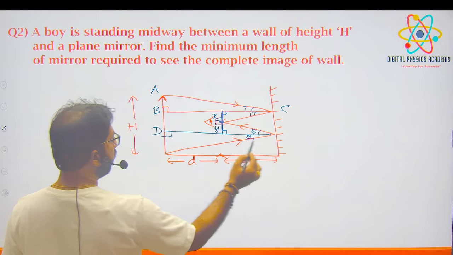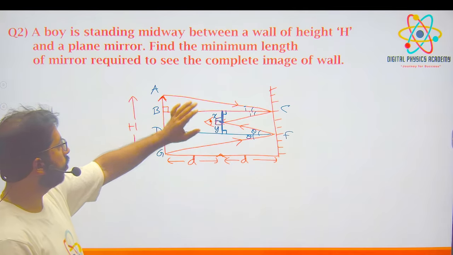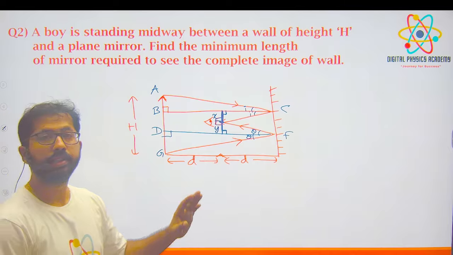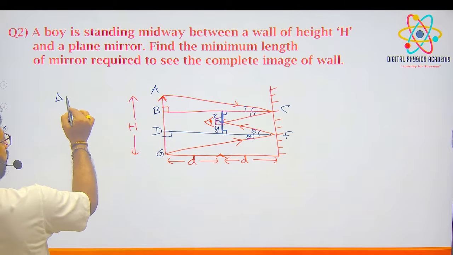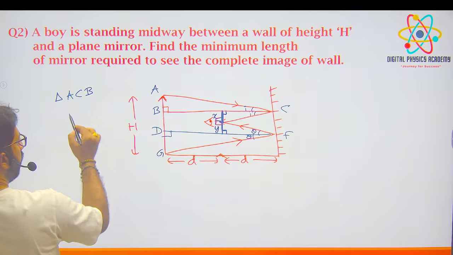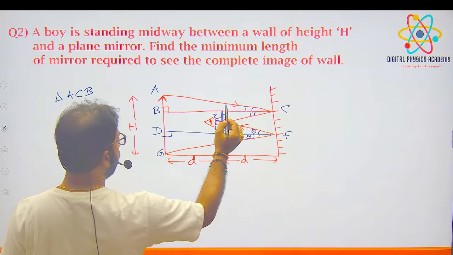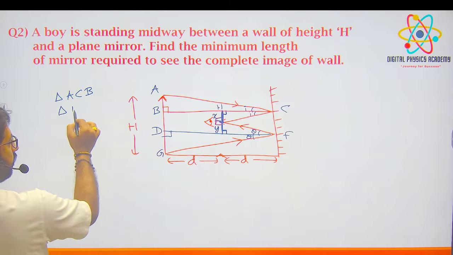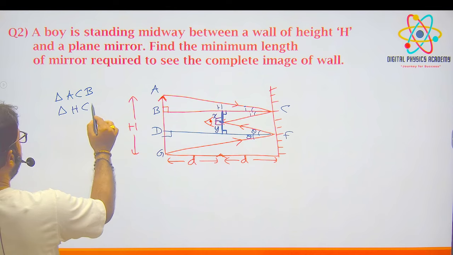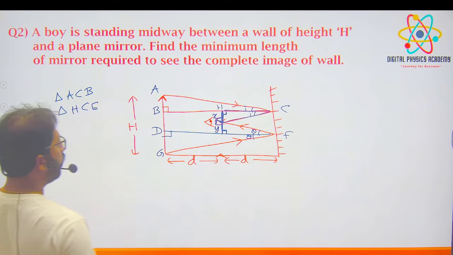Okay, now same way here I called A, B, C, E is there already. D, F, G. Here I am taking two triangles and I am proving similarity. Look, which triangles am I taking? Triangle ACB, this one, and the second triangle I take as HCE, this small triangle. Okay, this is E, right? These two triangles.